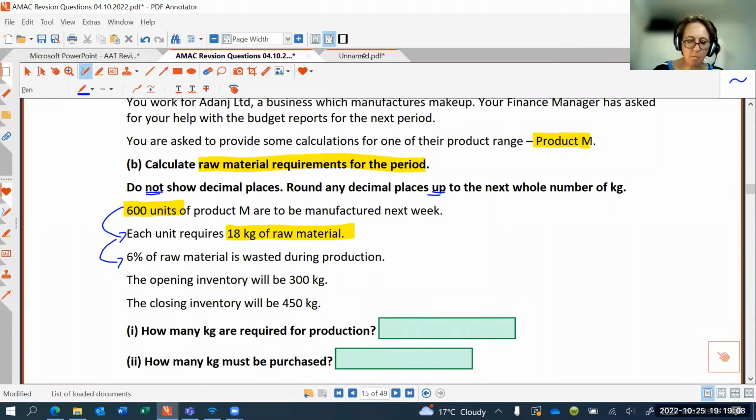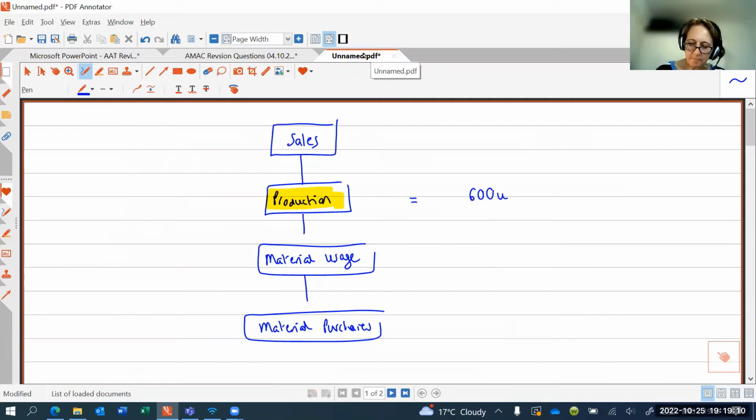So shall we start working through that then? We've got 600 units of production of product M. We need 18 kilograms per unit. That will tell me the amount of good kilograms that I need. So I need 10,800 good kilograms.